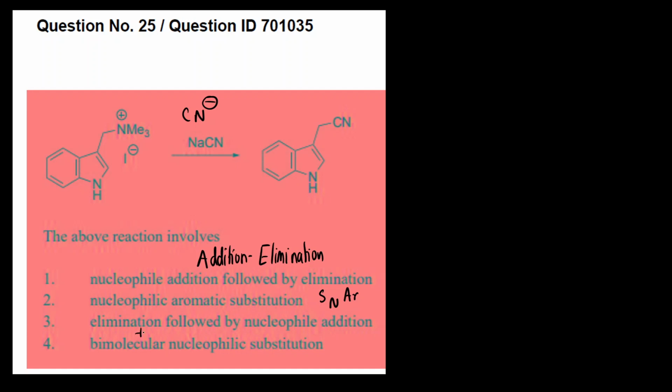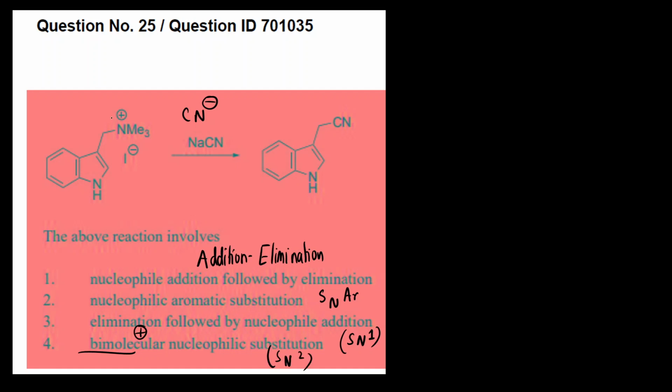Elimination means there will be formation of a carbocation, then the nucleophile will be adding. That is SN1. In SN1, first there is elimination, formation of carbocation, and then the nucleophile adds. And the last one is bimolecular nucleophilic substitution, which is nothing but SN2.